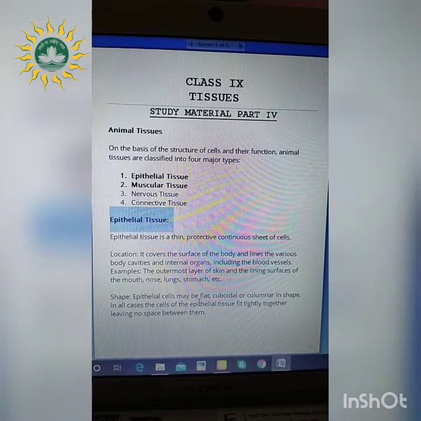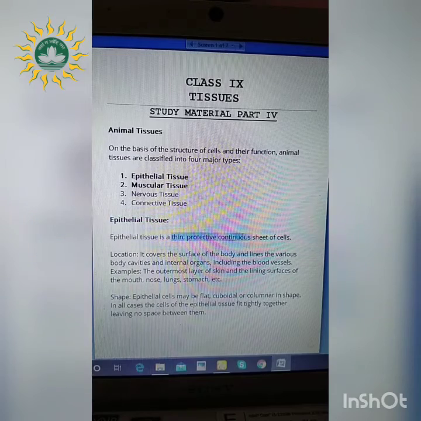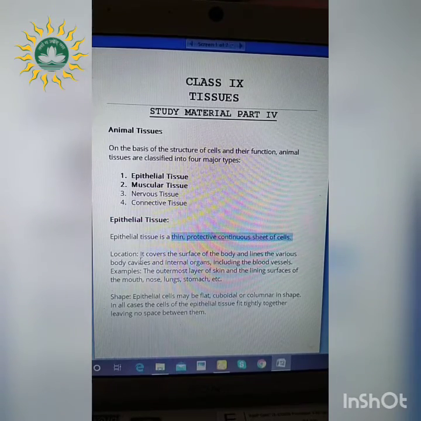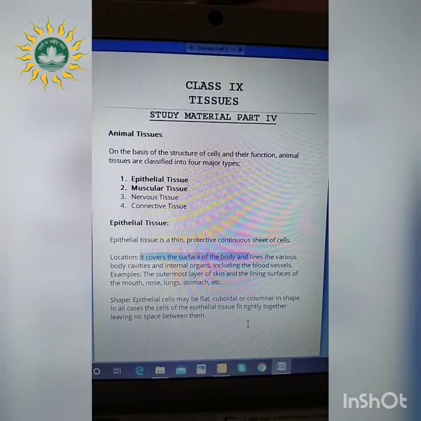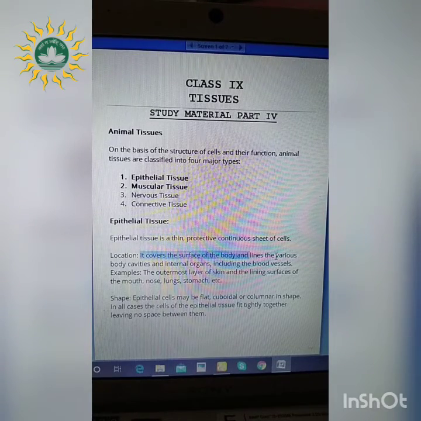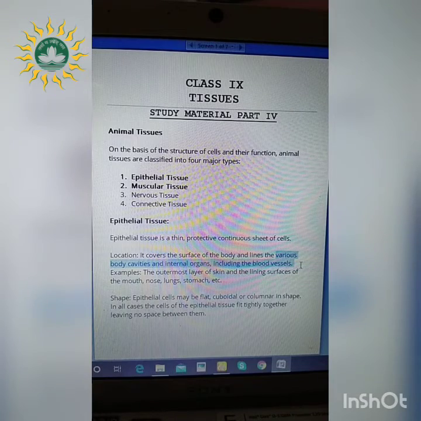Firstly, epithelial tissue. What is epithelial tissue? It is a thin, protective, continuous sheet of cells. Where is it located? It covers the surface of the body. So, any surface lining of the body refers to the epithelial tissues. It also lines the various body cavities, internal organs, including the blood vessels.